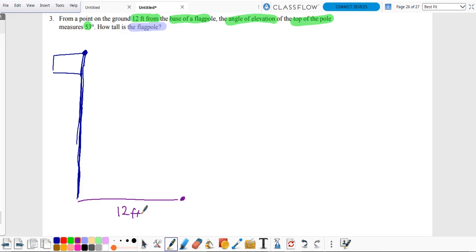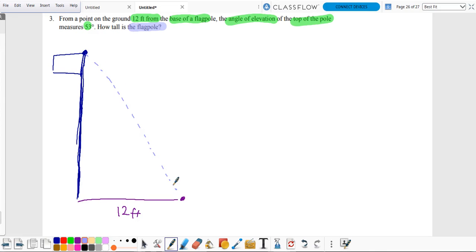The angle of elevation of the top of the pole measures 53 degrees. So if I'm looking down here and I elevate to the top of the pole, it's 53 degrees.